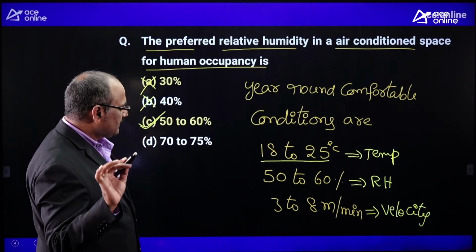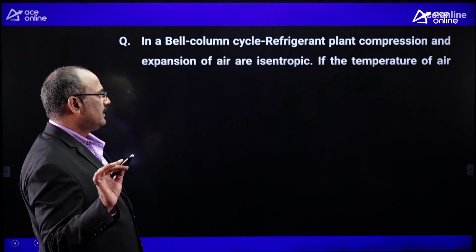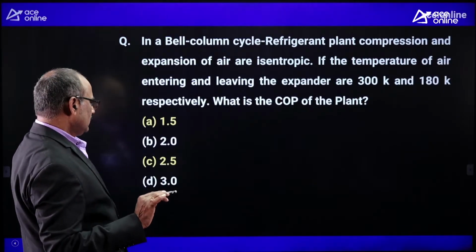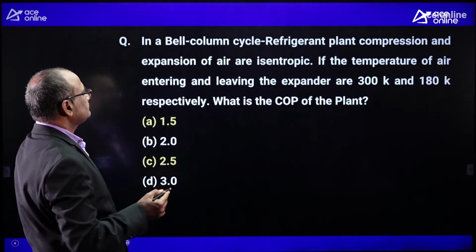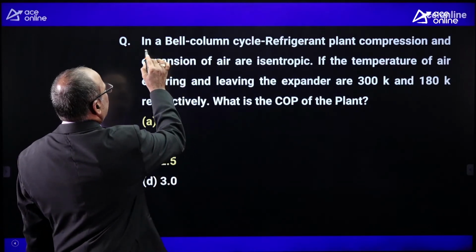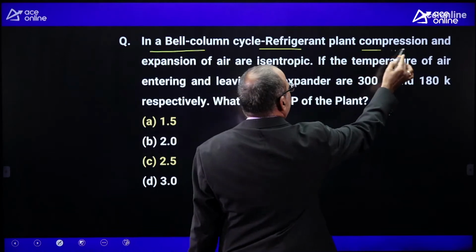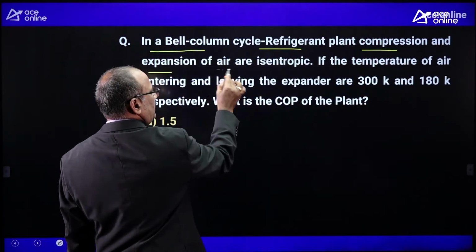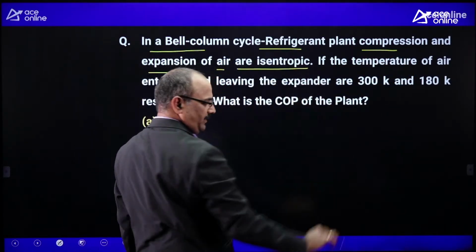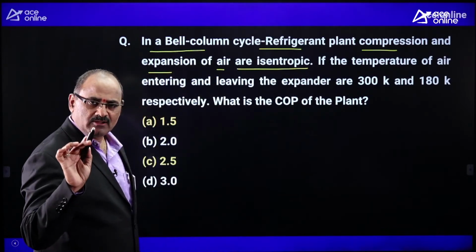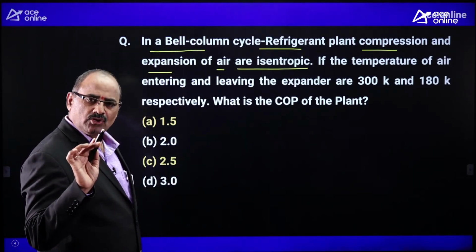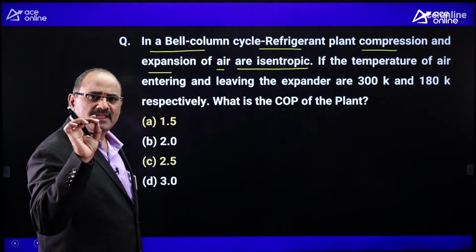Okay. Similarly, look at another important question. Try to read it clearly. In a Bell-Coleman cycle refrigerant plant, compression and expansion of air are isentropic. For the Bell-Coleman cycle, you know, atmospheric air is the refrigerant.